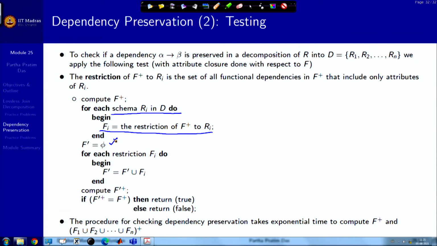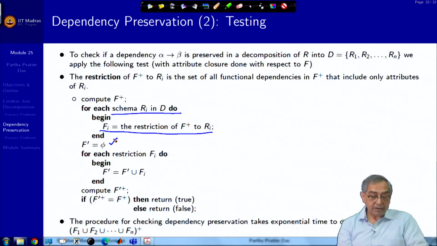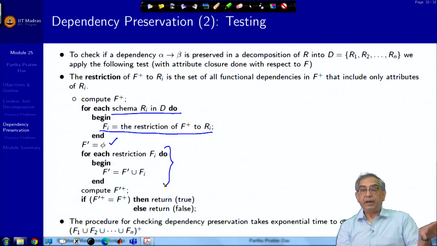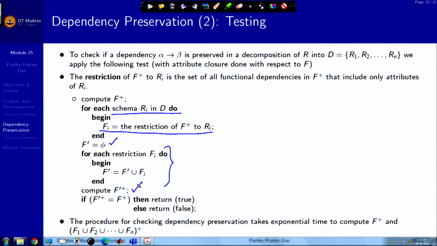Then you take the union of all Fis into F primed, compute the closure, and check if it is equal to the closure of F. If they are equal, then you return true, otherwise you return false. Right? Very simple, straightforward algorithm.